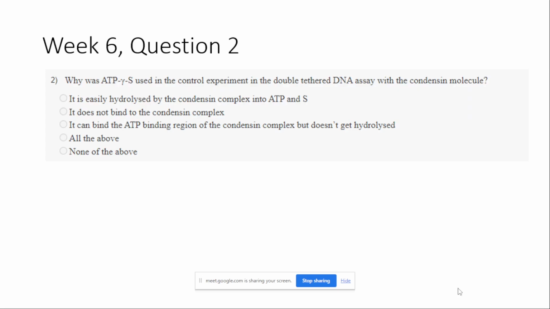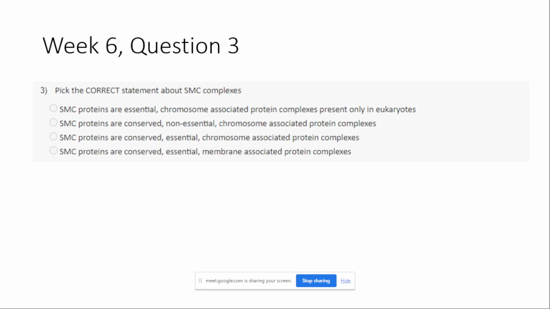So let's move on to the next question. Pick the correct statement about the SMC complexes. The first option is that they are essential chromosome associated protein complexes present only in eukaryotes. Is it completely true?